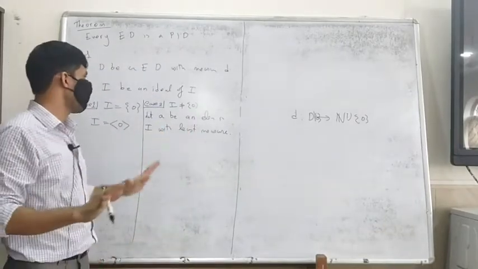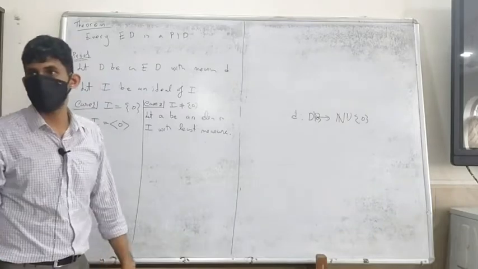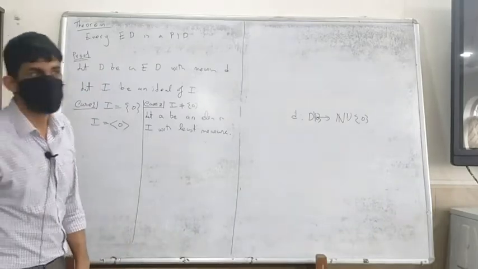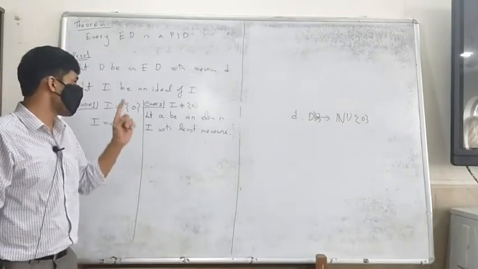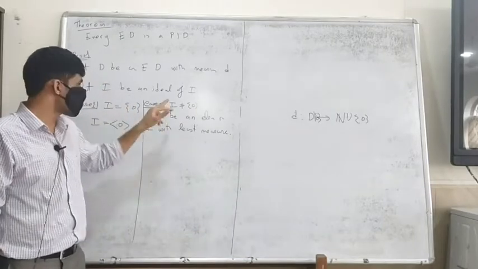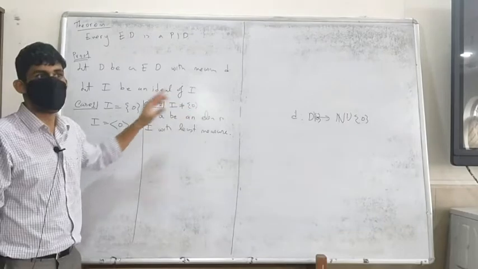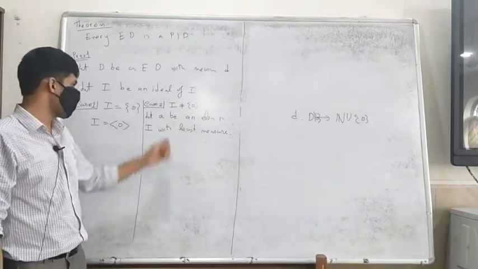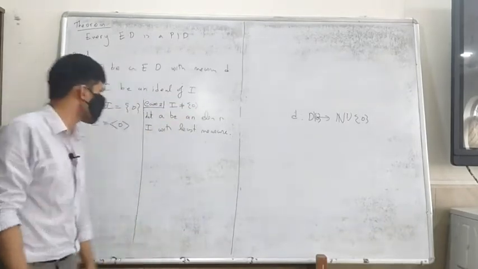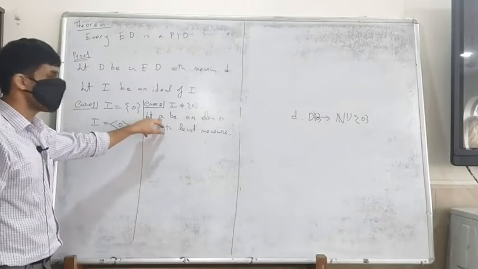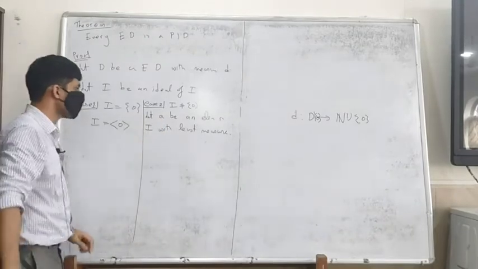Simply look at all D of C's for C in I. It's going to be a non-empty set because this is not the 0 ideal. So therefore you can find the least element and take one of the elements from there.